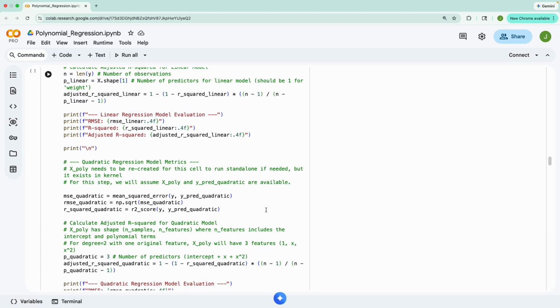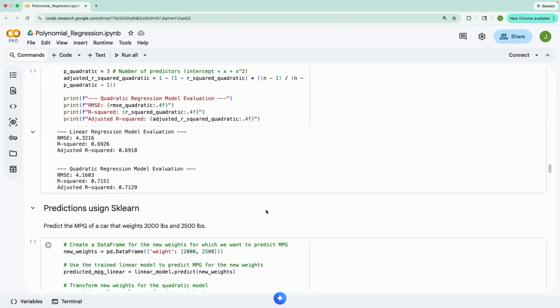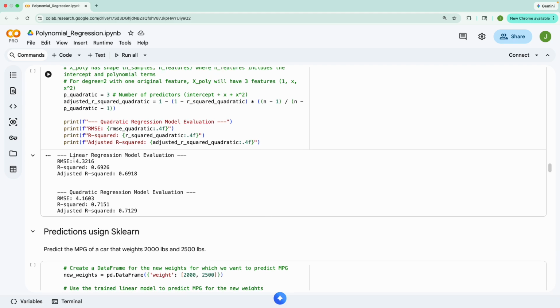So while 4.32 is higher, it's not that much higher than 4.16. You have to ask yourself, is that small reduction in RMSE worth it to estimate an extra parameter?